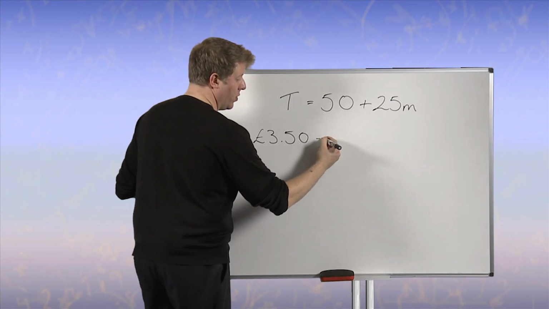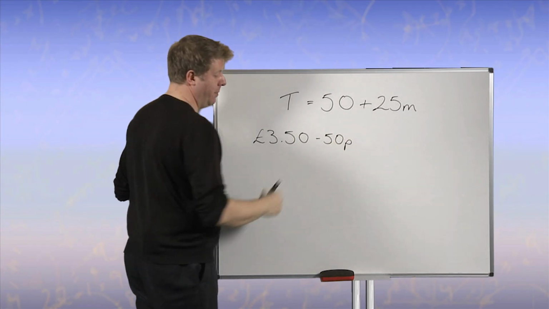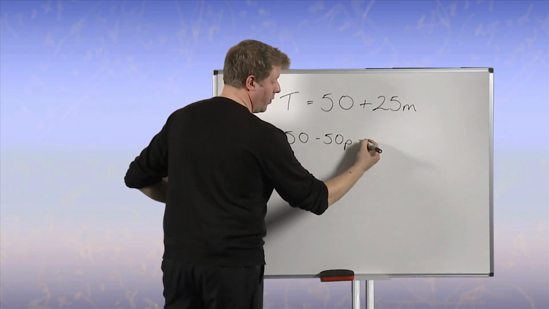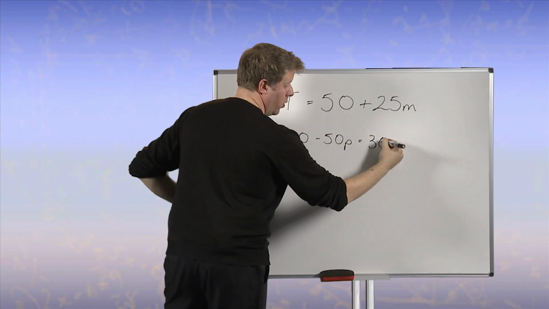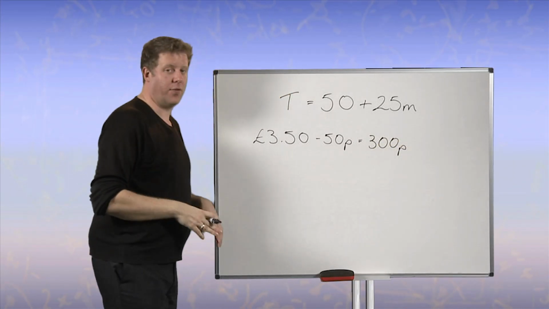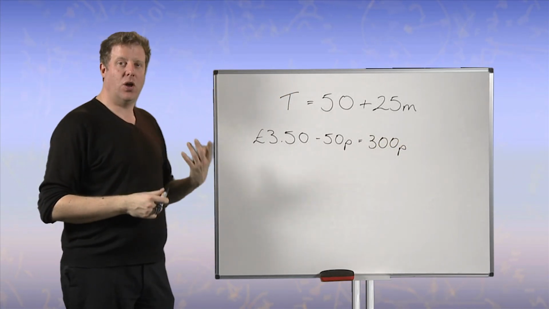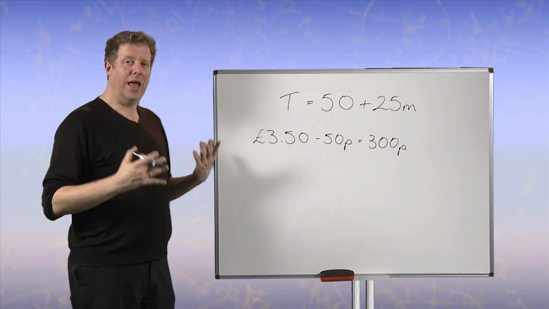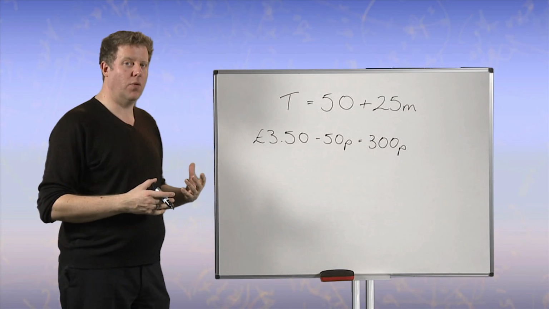So if I subtract 50 pence from my £3.50, it leaves me with £3, or as we're going to write, 300 pence, because I now need to work out how many extra miles I travelled.